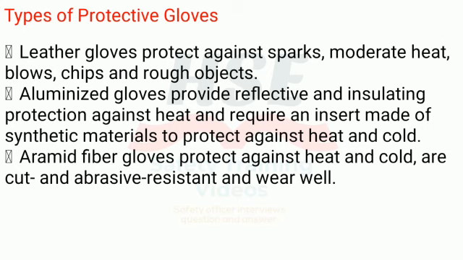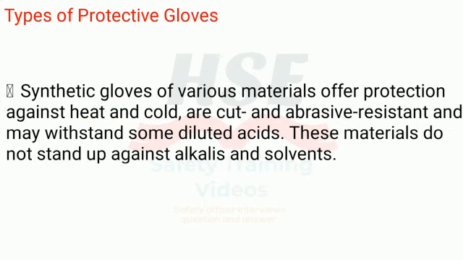Aramid fiber gloves protect against heat and cold, are cut and abrasive resistant and wear well. Synthetic gloves of various materials offer protection against heat and cold, are cut and abrasive resistant and may withstand some diluted acids. These materials do not stand up against alkalis and solvents.